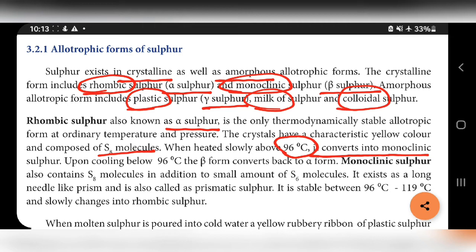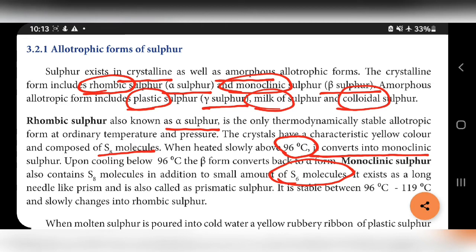Monoclinic sulfur also contains S8 molecules. In addition to that, a small amount of S6 molecules is also there. It exists as a long needle-like prism.